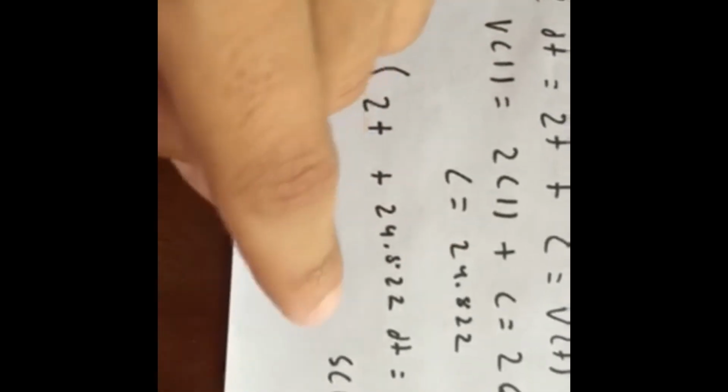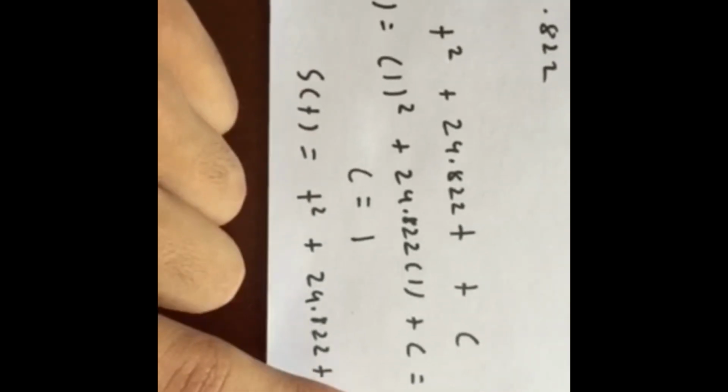And to get our position function, we carry this down, and we take the integral of 2t plus 24.822 with respect to time, and we end up getting t squared plus 24.822t plus c for our position function. To figure out this constant, we solve for the position at 1 second, which we know is equal to 26.822 meters.